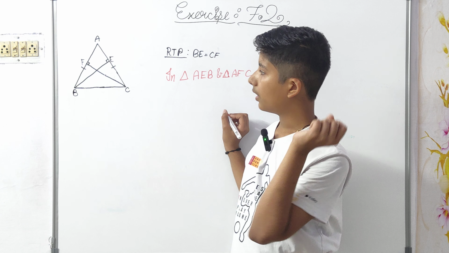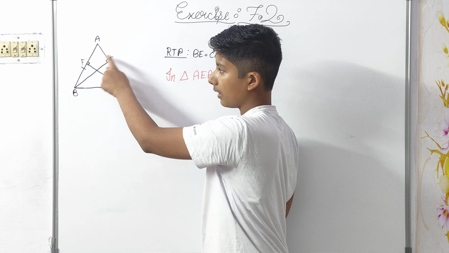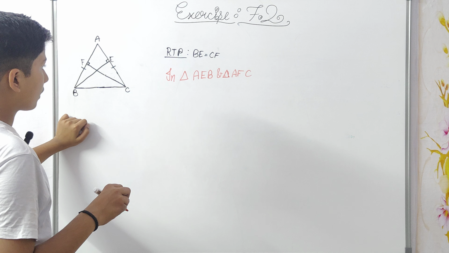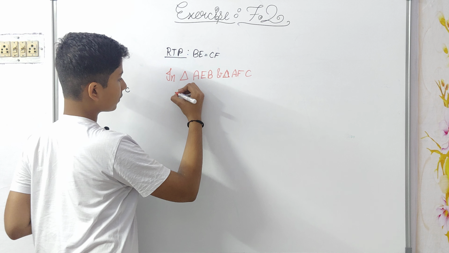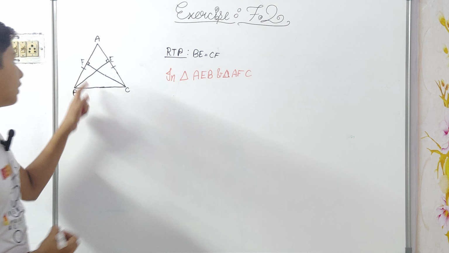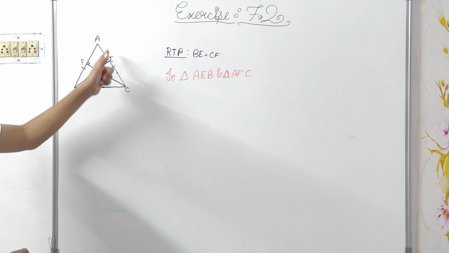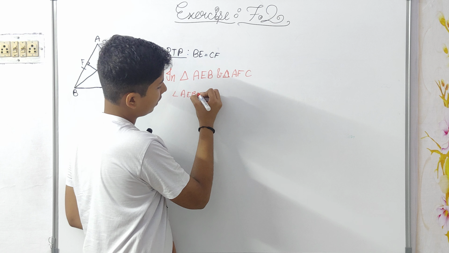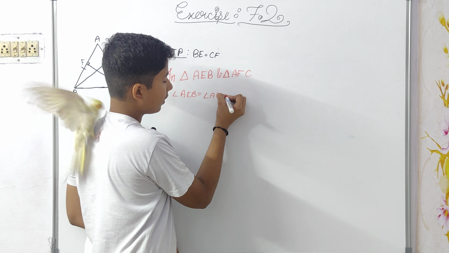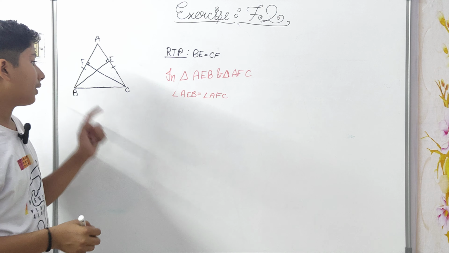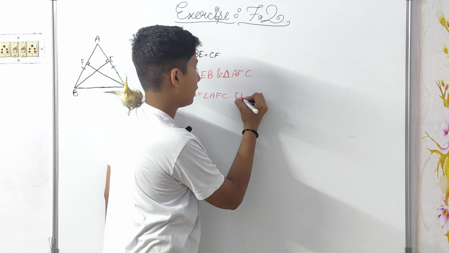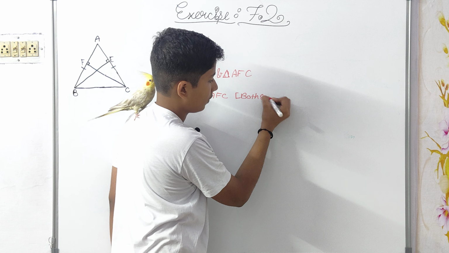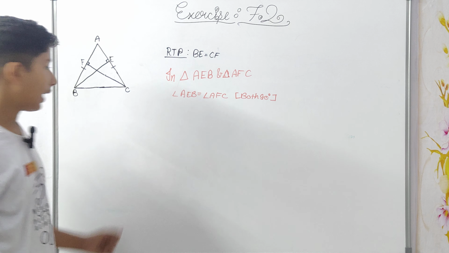Now what things are equal? Firstly, see this 90 degrees. These are right angle triangles. So 90 degrees. Angle AEB equals angle AFC. So these two angles are equal, and in bracket you will write both 90 degrees.